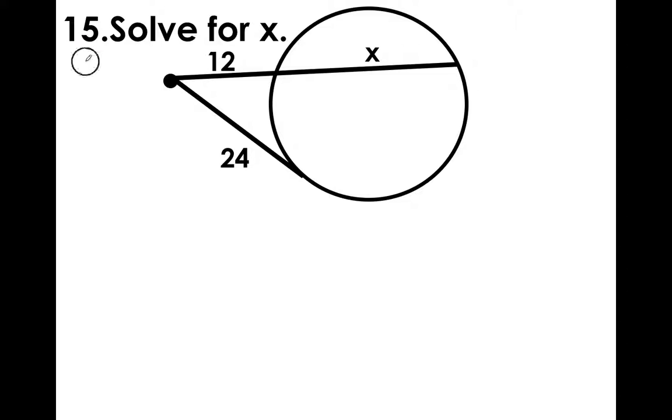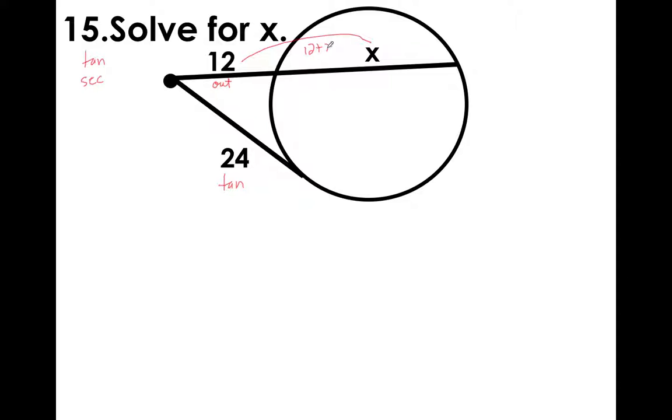Well, right here, I have a tangent and I have a secant. Since I have a tangent and a secant, that means the rule says that I have to take the tangent squared, and remember, this right here represents my tangent. This 12 represents my outside, and the whole represents both of those things added up.